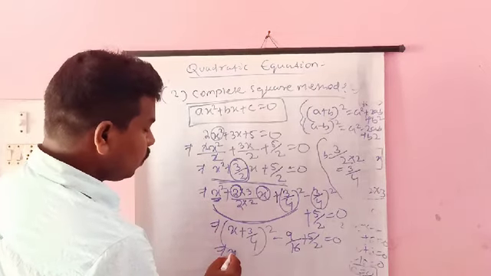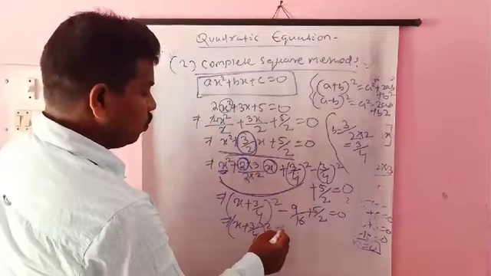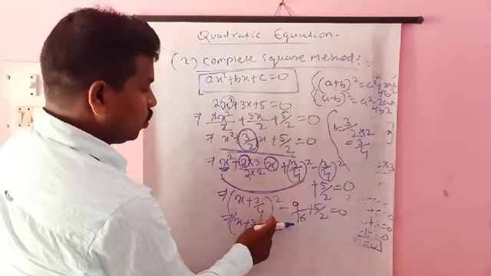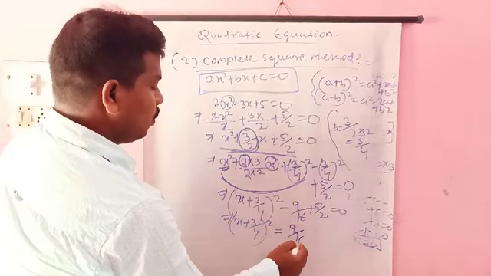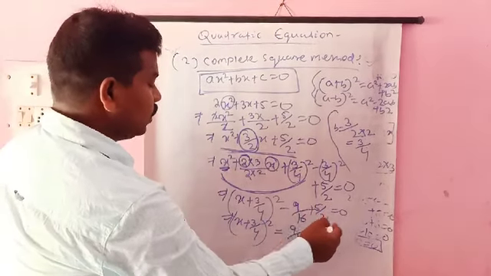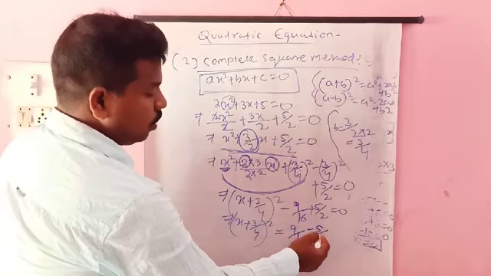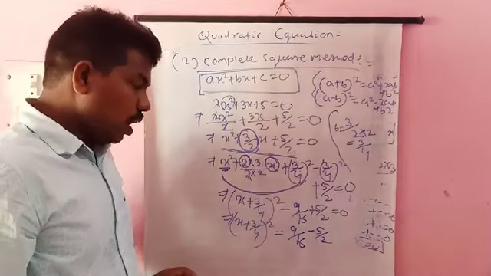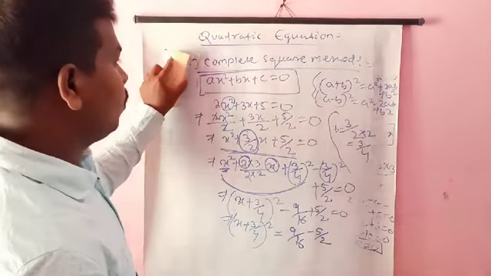That means x plus 3 by 4 whole square equals 9 by 16 minus 5 by 2, with the 9 by 16 moved to the right-hand side. Now we only have to calculate. This is the procedure for finding the solution by the complete square method.